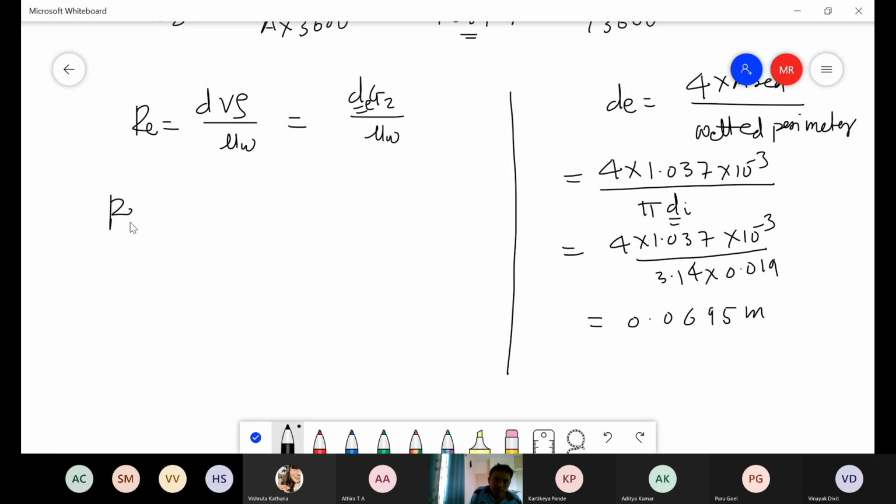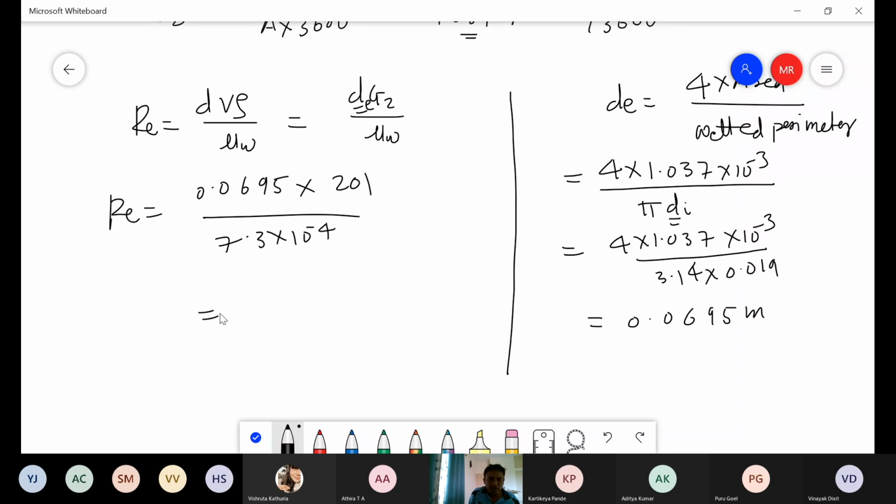So Reynolds number in this case will be 0.0695 into G2, which we have already calculated as 201, and the viscosity of the water is given, that is 7.3 into 10 raised to power minus 4. So Reynolds number 2, this is RE2, comes around 19136.